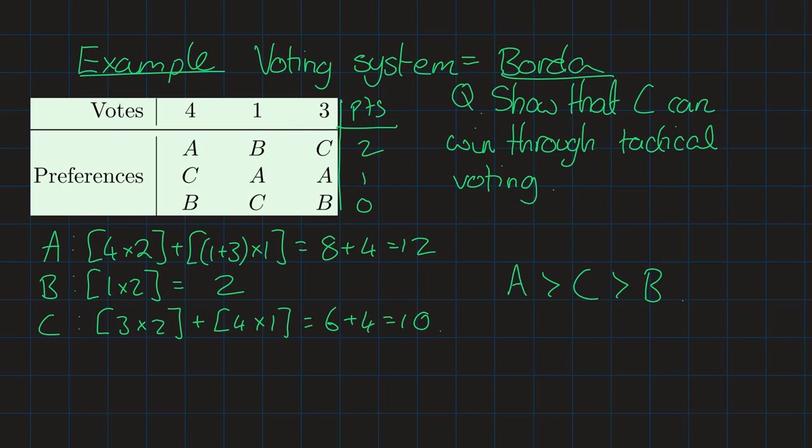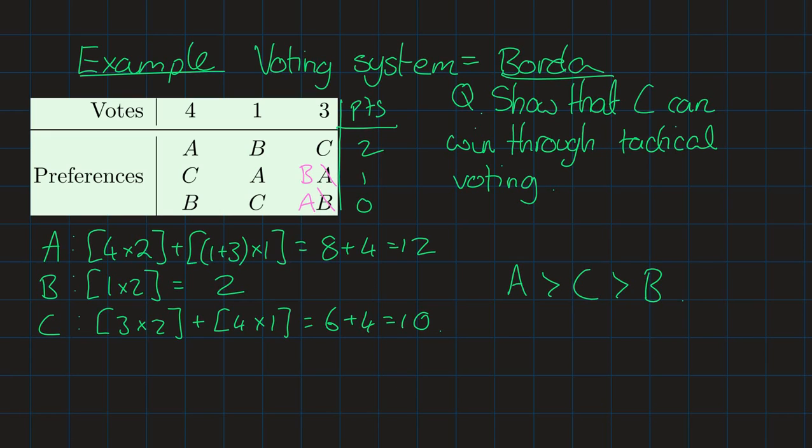So instead of listing A there, maybe they bury A right at the bottom of their preference. They put A right at the bottom because they don't want to accidentally help A win by giving it those points, which is what happens.